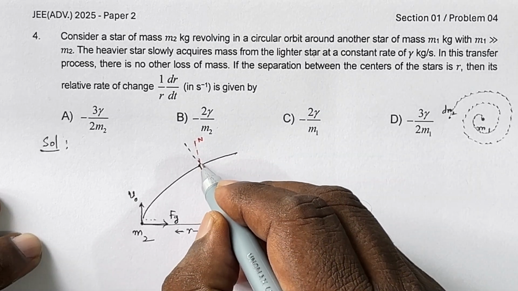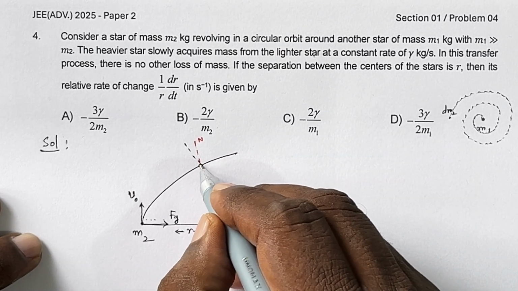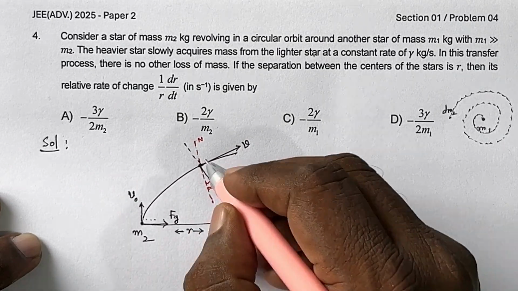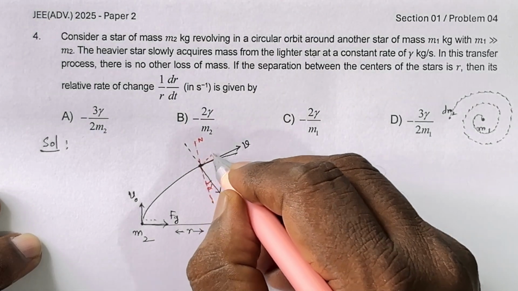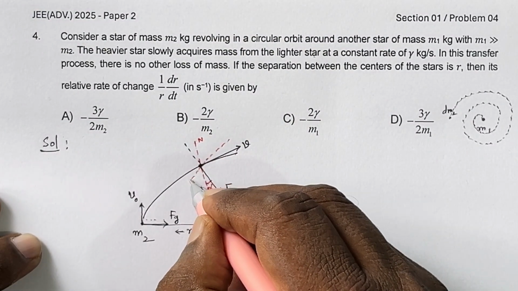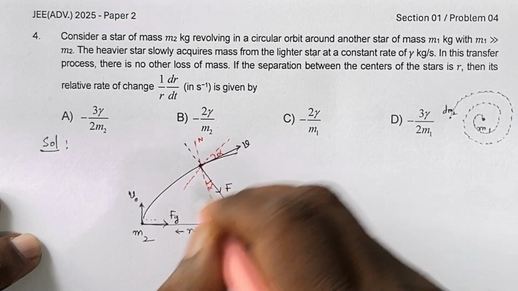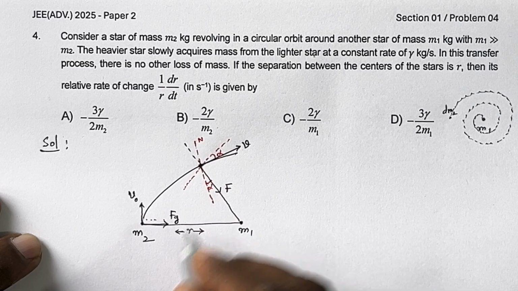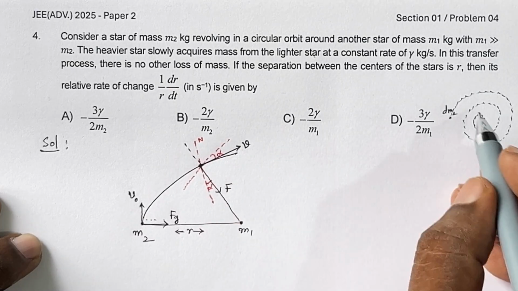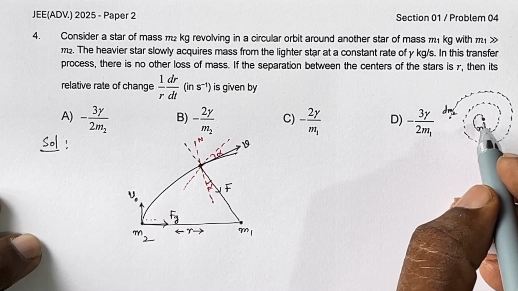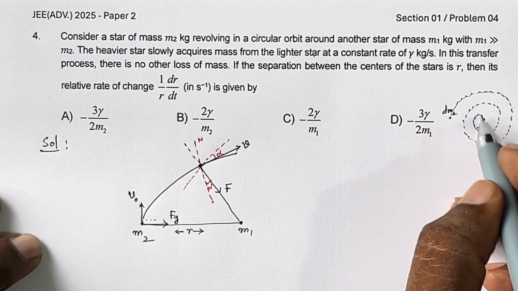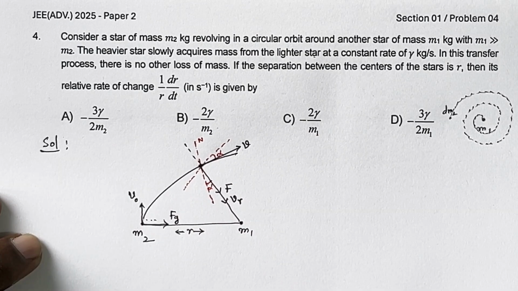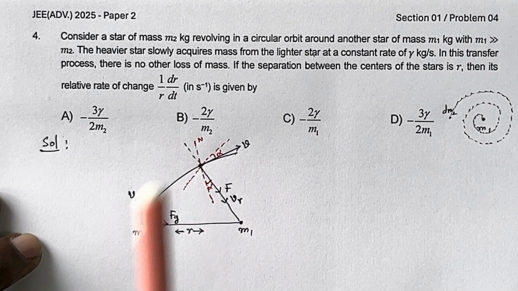This is m2's radial velocity, and this velocity's components we can also have. This is also alpha, right? This is the radial force. In this direction, the particle slowly comes and collapses. So in this direction, they will have a radial velocity. These are the things according to the problem given.